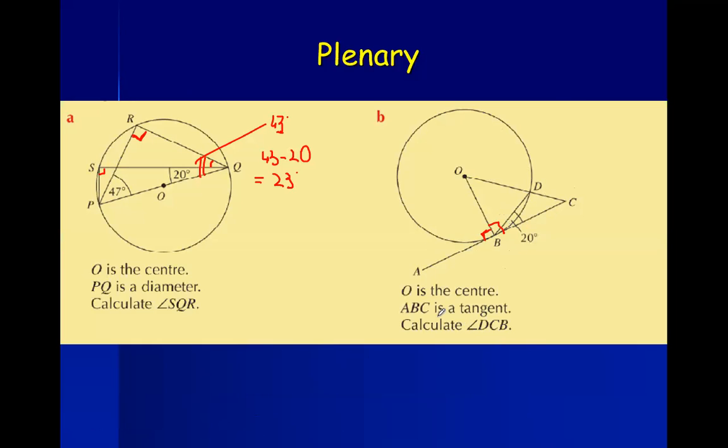We've been asked to find DCB, so D, C, and B, which is this angle there, where C is. Remember the nomenclature? You look for the angle with the letter in the middle. So if I'm asked to find DCB, and I know that this is 90, the other thing that I can notice is, they've not told me, but these two are equal.